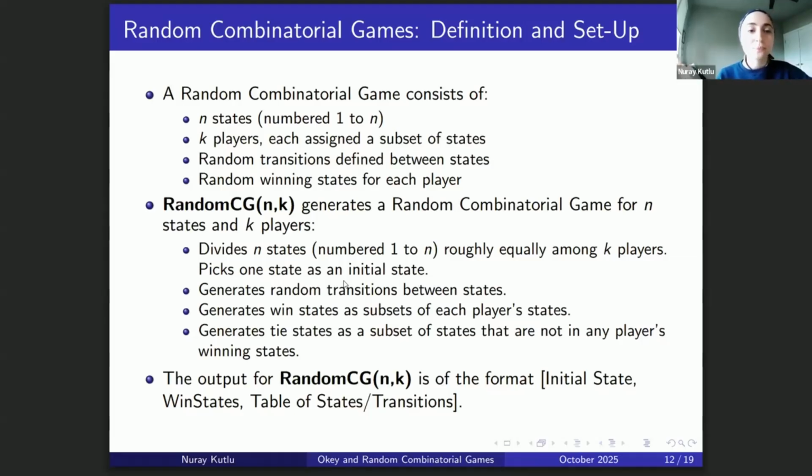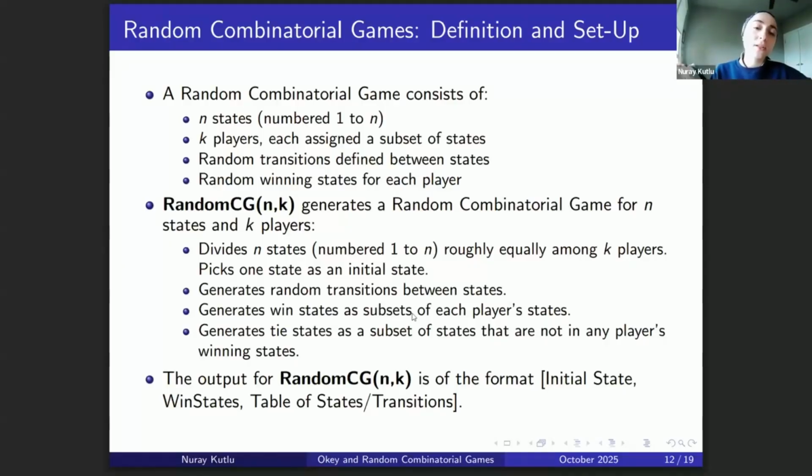This is also random. So this function, randomCG, generates a random combinatorial game for n states and k players. It divides the n states, which are numbered 1 to n, equally among k players, and it picks one as an initial state.